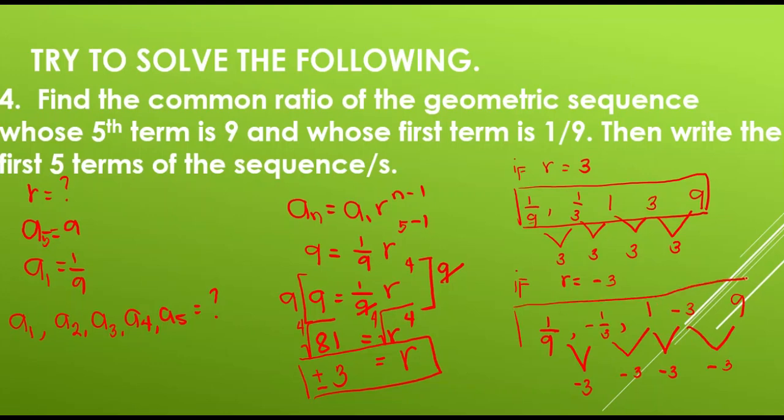So, this is the next first 5 terms. So, some show the first 5 terms as 1/9, positive negative 1/3, 1, positive negative 3, and 9. So this is the other way of writing the first 5 terms of that sequence. Okay?